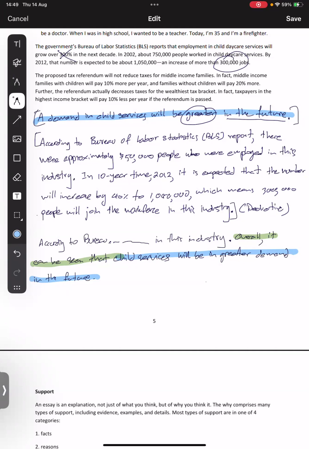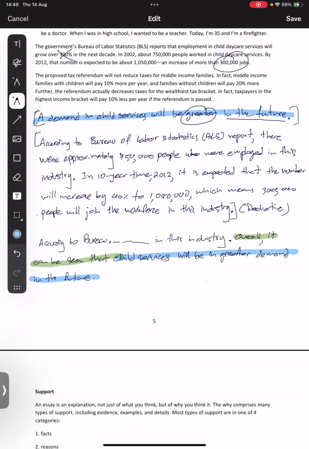Try to figure it out. I can tell you that this is about the new tax referendum, and according to what we have read, people don't have a positive attitude towards it. To those people it might seem unfair.